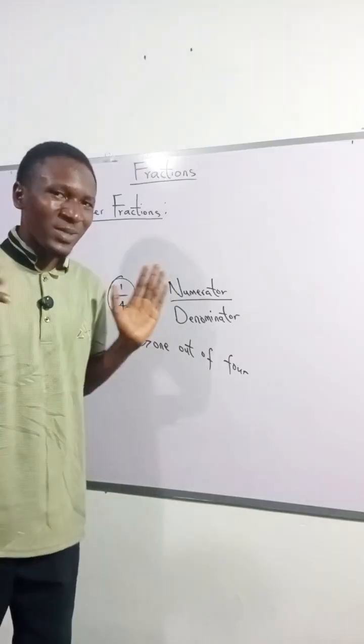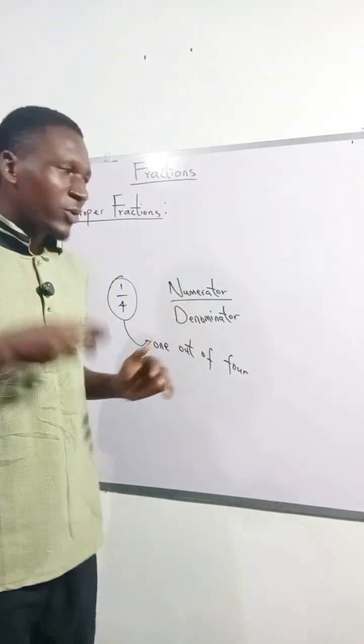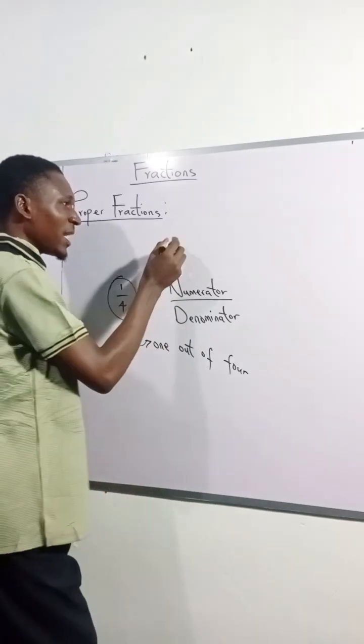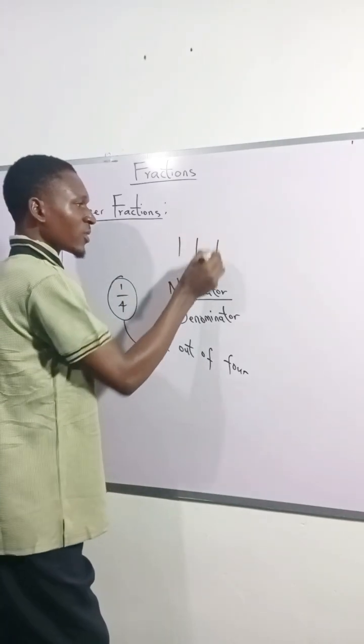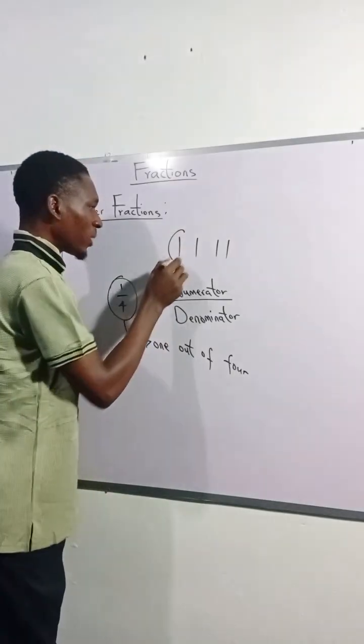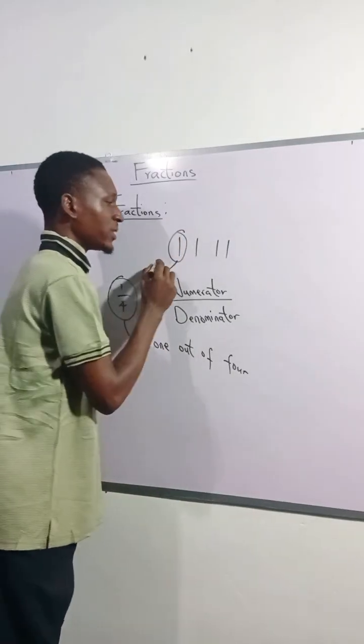This is proper. It's making sense. Why? Because I can actually take 1 from 4. If I should have 4 matches or 4 sticks, I can take 1 out of the 4 of them.